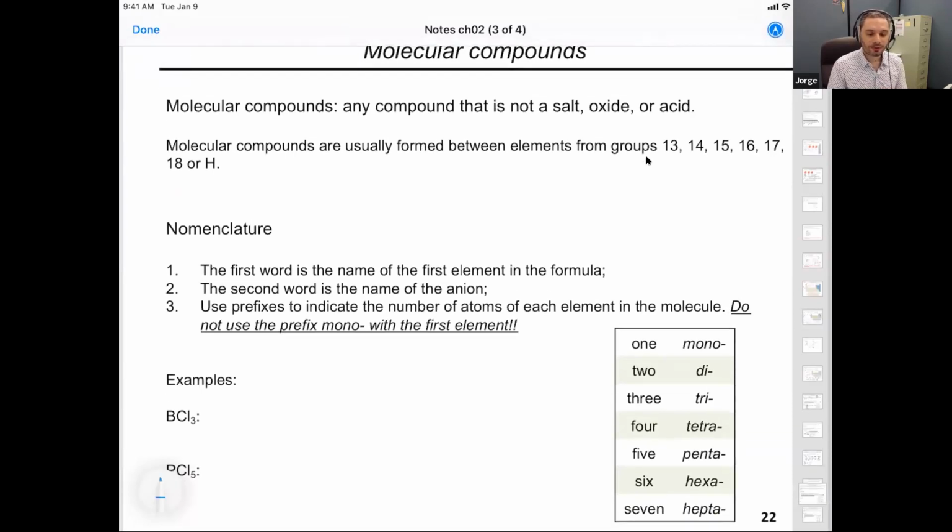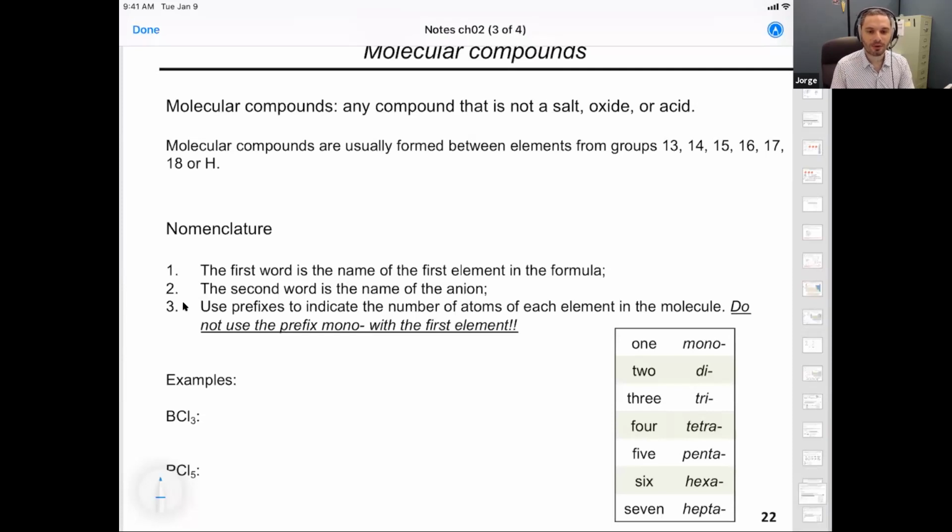Molecular compounds are usually formed between elements from groups 13, 14, 15, 16, 17, 18, or hydrogen. The nomenclature for this class of compounds is very simple and very similar to oxides. First step, the first word is the name of the first element in the formula. Second step, the second word is the name of the anion, or everything that's not the first element.